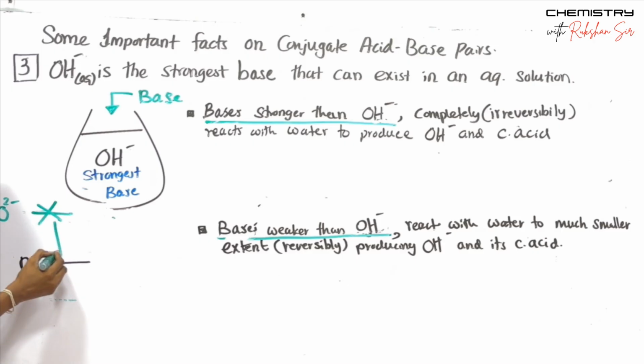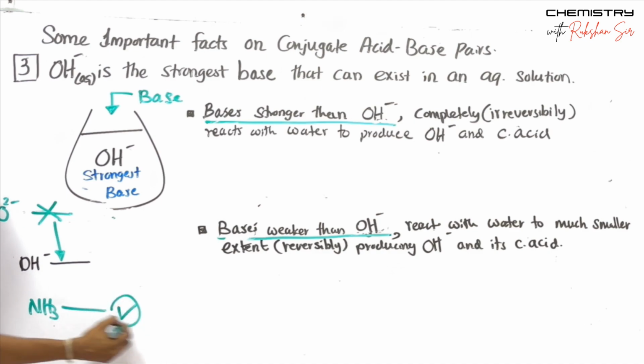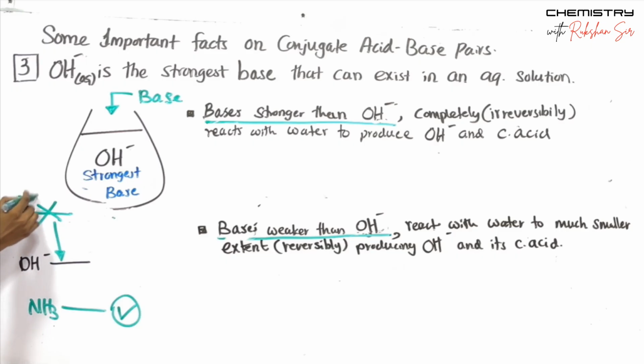Their strength will be decreased to the OH minus level. If you come up with weaker bases like ammonia, then they can appear in the aqueous media. Not the O2 minus.